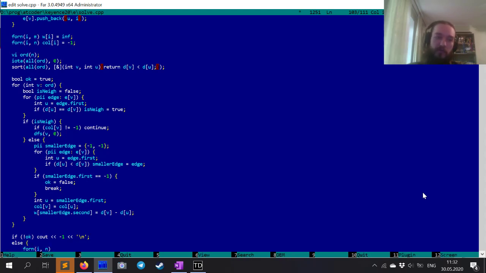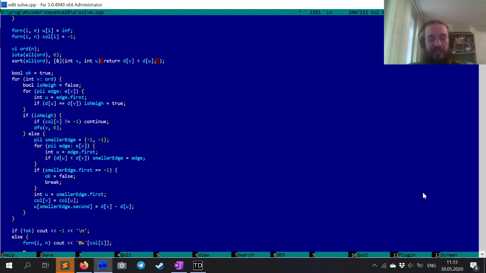So let's output the colors first. So col of E is the color, and here's how we can output this. Again, it's nasty code, but this is 0 or 1. This is a string, and this outputs the character of this string with index col.